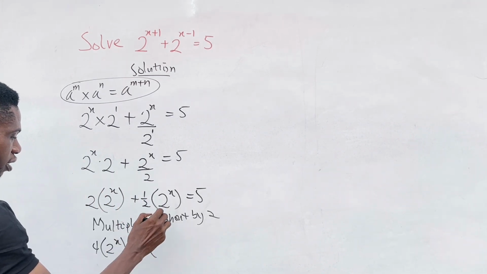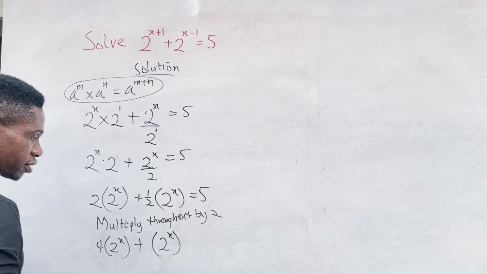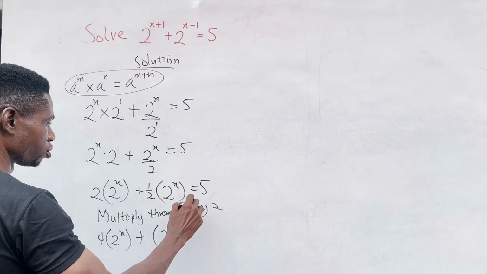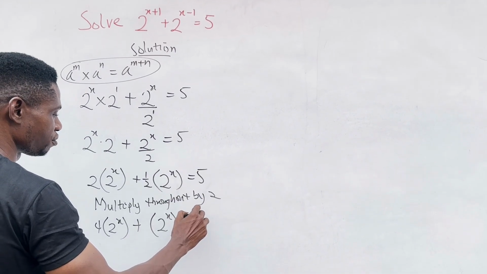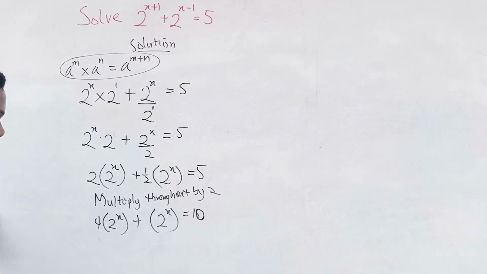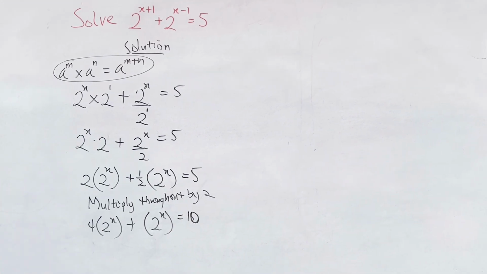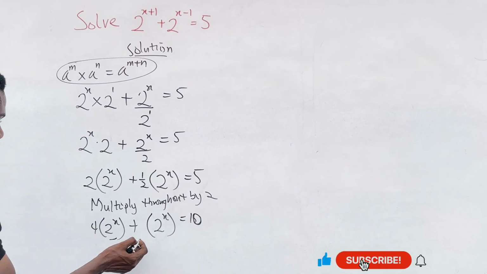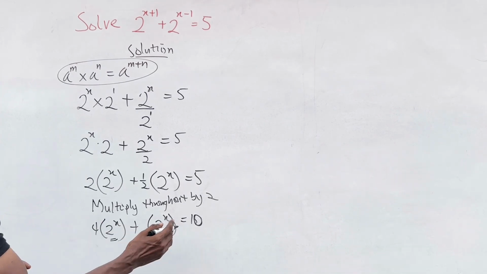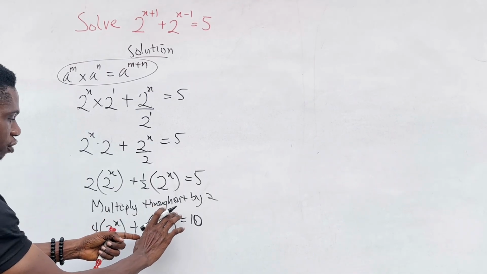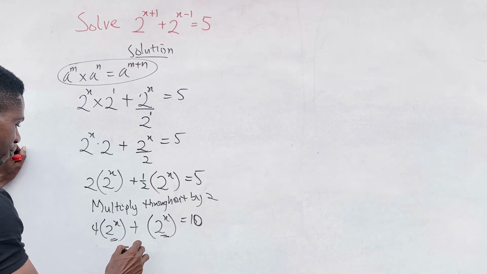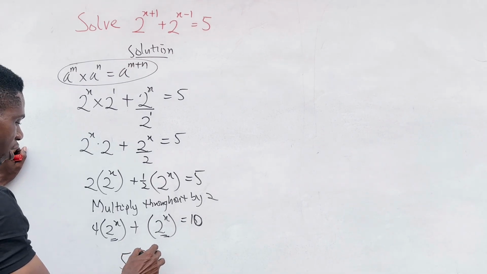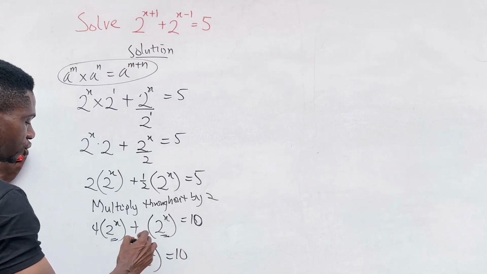So 1 into 2 raised to the power x equal to 2 multiplied by 5, that's 10. Okay, so if you look at this, they're exactly the same, so we can add them. So 4 of this plus 1 of it, we have 5 of 2 raised to the power x equal to 10.